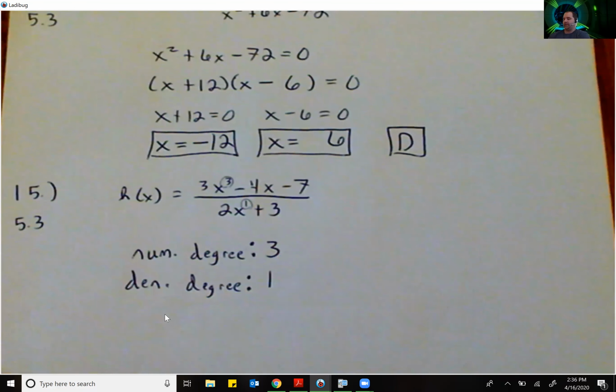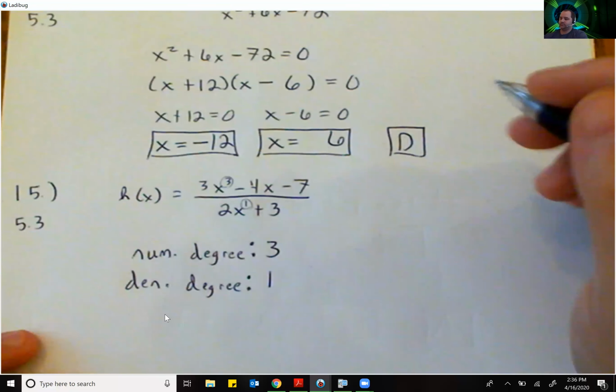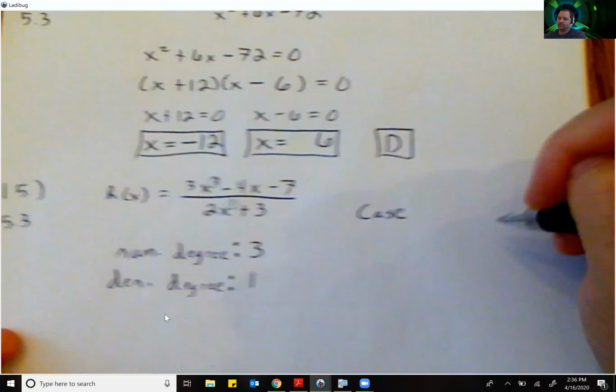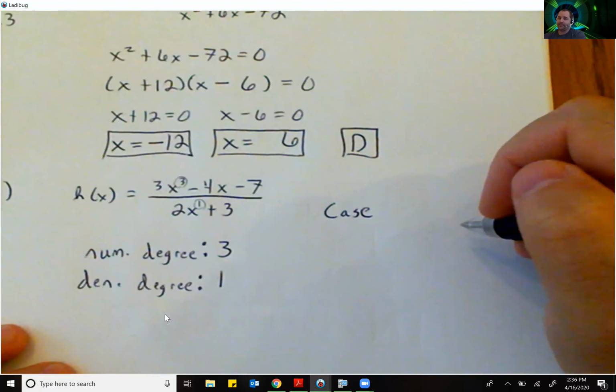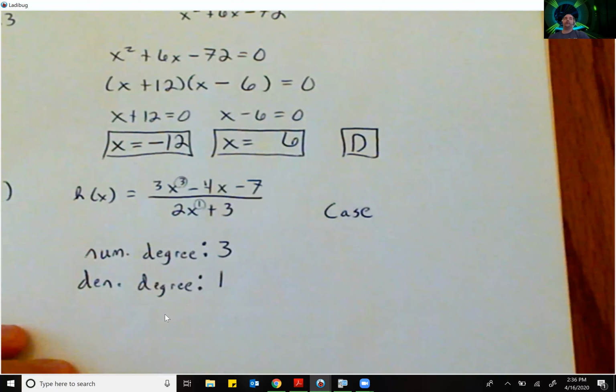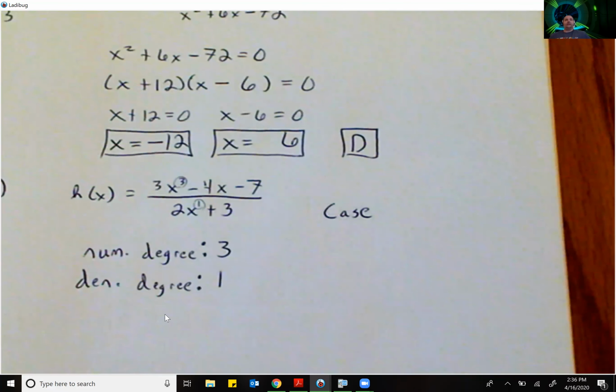So the numerator is bigger than the denominator. What case is that? Case 1 is where the numerator degree is less than the denominator degree.